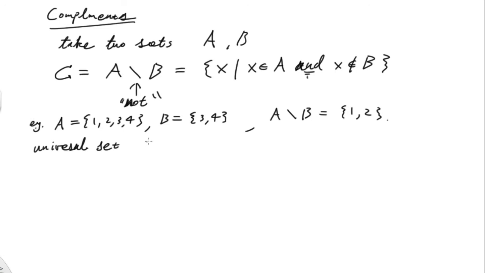Now, let's look at universal sets. Let's go again to the case where there is some super large set that contains all objects. In this case, this universal set, we have a very special notation.